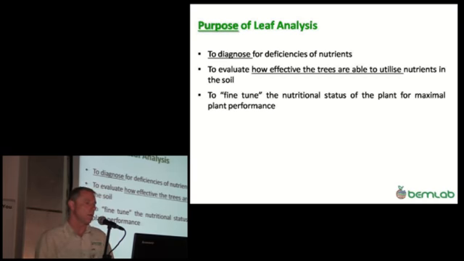Okay, and then the last one, which is more often used now, especially where we're heading towards higher and increased levels of production, is to fine-tune the nutritional status of the plant to get maximal plant performance. Okay, we can liken it to an athlete. No athlete can perform optimally if he doesn't get all the nutrition in addition to all the other aspects.